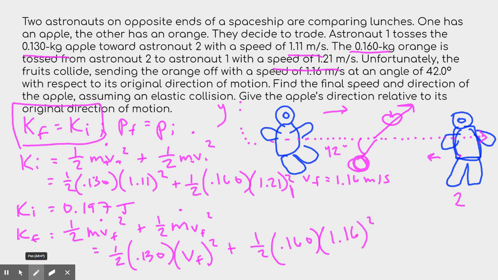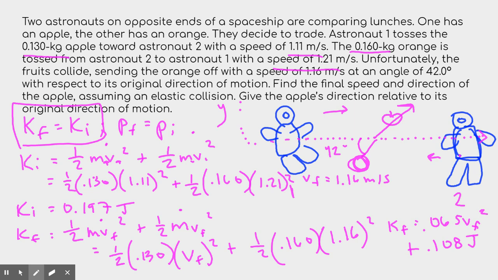That's squared. So I see here that my final kinetic energy is equal to 0.065 VF plus 0.108 joules. Oh, VF squared. Sorry, I forgot that part.